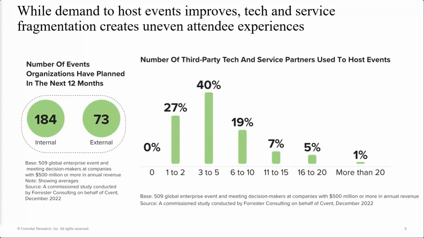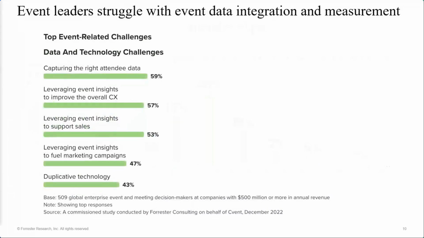Unfortunately, we're seeing that this fragmentation in the technology and services space is starting to create some of the major challenges. On the next slide, we'll see that another set of challenges is around data integration.